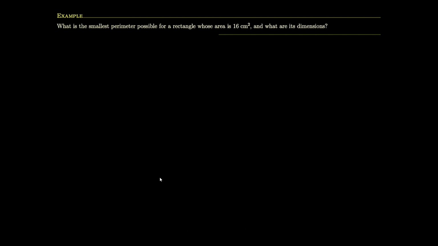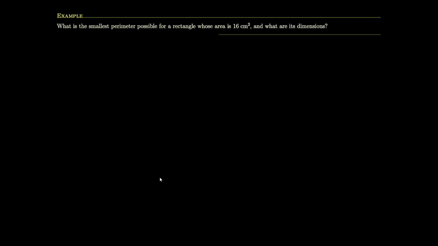Okay, did you make some progress? So what we are supposed to do, let us solve these two problems. So what is the smallest perimeter possible for a rectangle whose area is 16 centimeters squared? Okay, so do you remember we had something similar to this before, yes? But in that case, what was fixed? The perimeter was fixed.